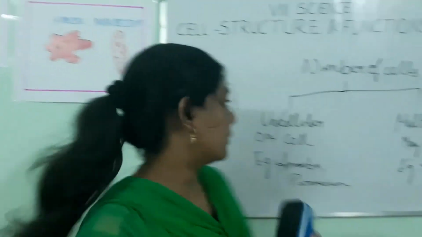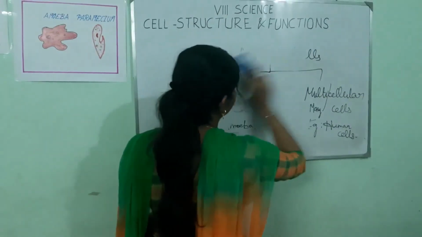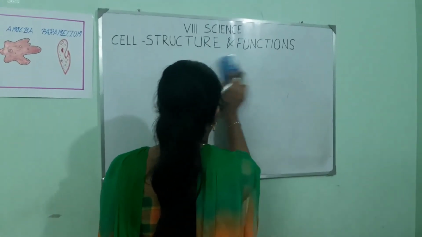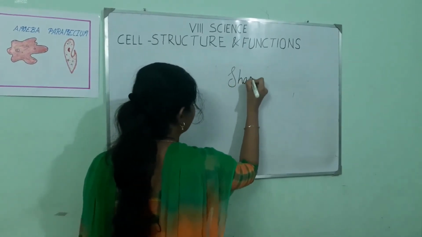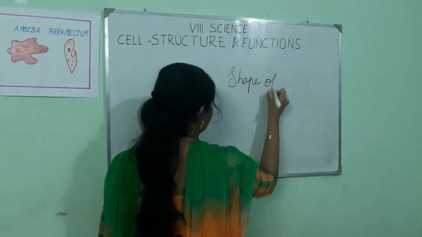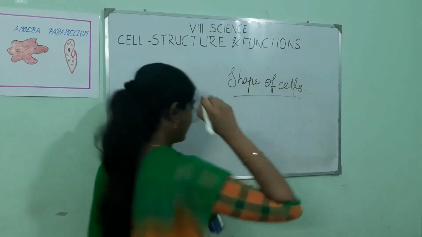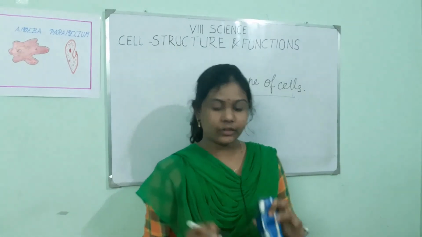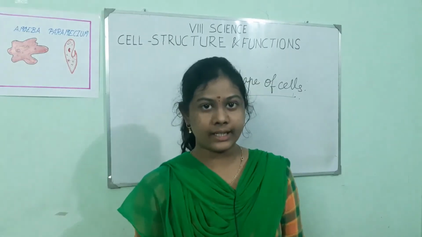Next we are going to see classification based on shape of cells. Now imagine a situation where you and your friend are both given the same ingredients, but you are asked to make tea.